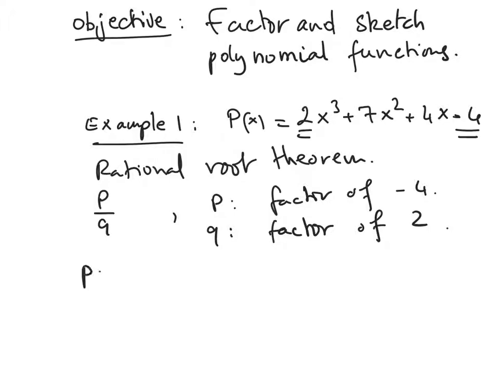So let's make a list of the p's, which are the factors of minus 4. We have plus or minus 1, plus or minus 2, and plus or minus 4. The q's, the factors of 2, are plus or minus 1, plus or minus 2. We now divide all the p's by all the q's to obtain the list of possible zeros.